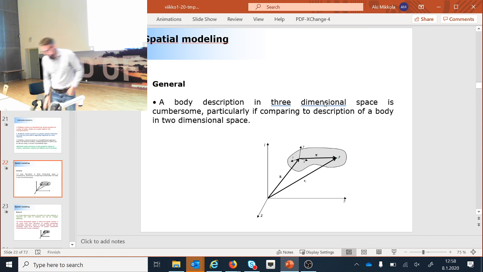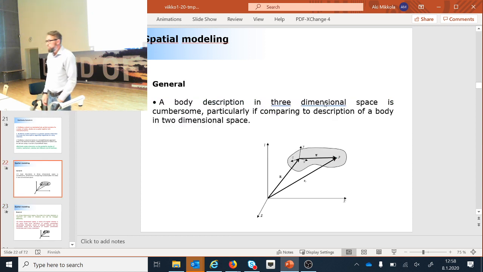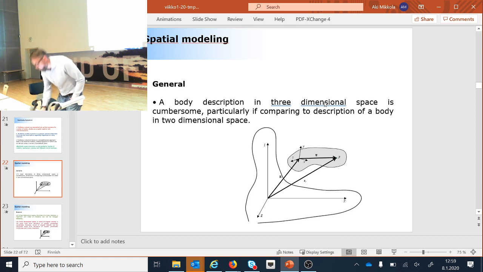Okay, so now the three-dimensional body is where we're going to get started. And you know how, in a three-dimensional body, the description, what we really wanted to do here is to describe a particle with respect to the global coordinate system.